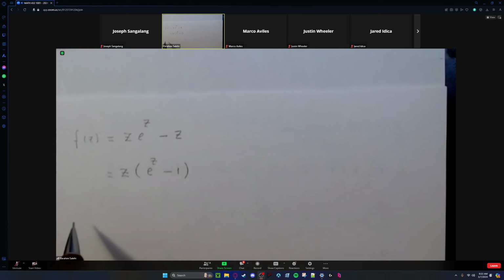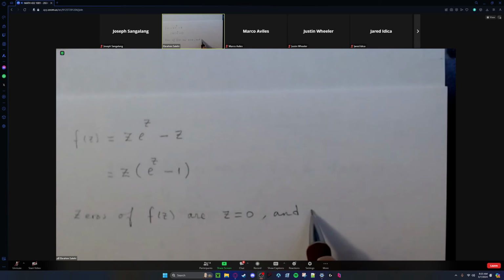So the zeros of this function are z equals 0, and then e to the z becomes 1.